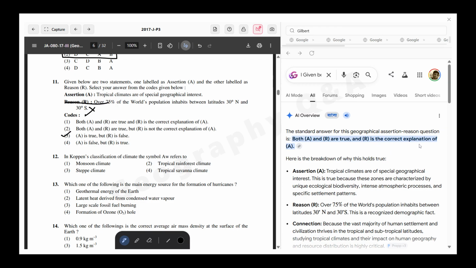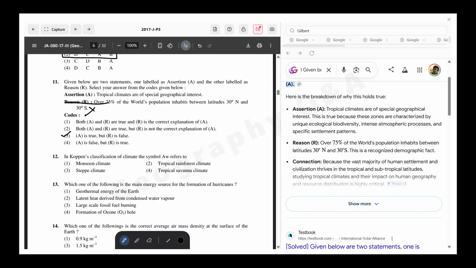Both are true and the correct explanation? Over 70% of the population in India within 30 degrees is a recognized demographic fact. How is it?